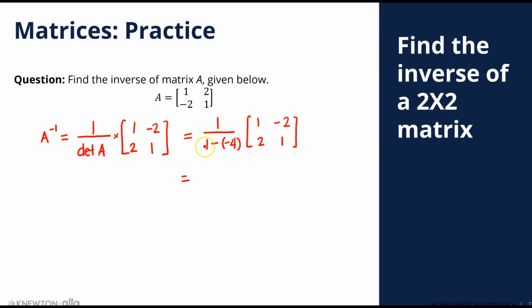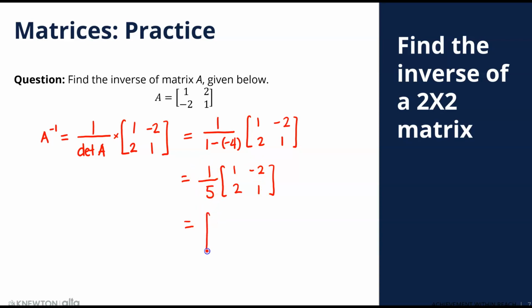All right, so this determinant here, this 1 minus negative 4 is equal to positive 5. So you have 1/5 times the matrix here, 1, 2, negative 2, 1. Next is to just multiply each element here by this scalar, or by the number here.